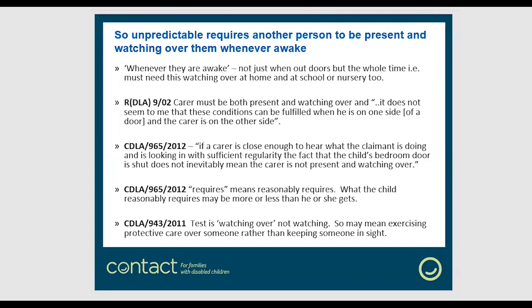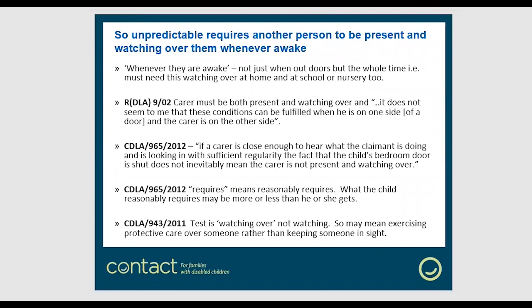In CDLA 965 of 2012, the judge said that as long as the carer was close enough to hear what the claimant was doing, somewhere in close proximity to the disabled child, and looking in on the child with sufficient regularity, even if the child's bedroom door is shut, it doesn't inevitably mean that the carer isn't present and watching over.